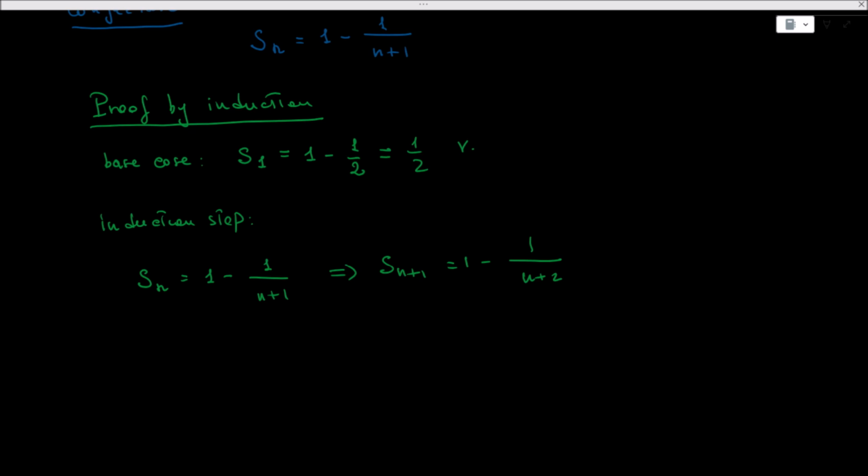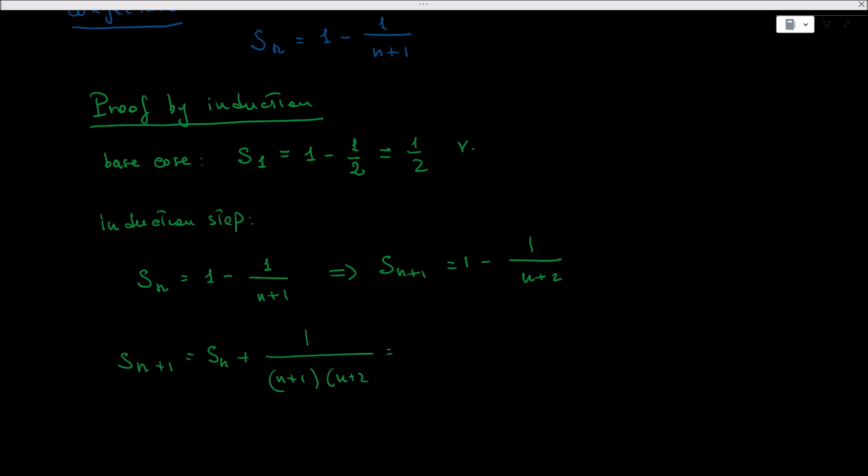From the induction hypothesis that Sn is equal to 1 minus 1 over n plus 1, well, Sn plus 1 should be simply Sn plus the next term, but the next term should be 1 over n plus 1 times n plus 2, right?